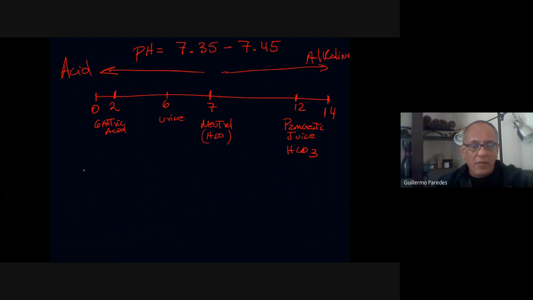Because in the Krebs cycle, you're releasing carbon dioxide. This carbon dioxide is released into the blood, and the Krebs cycle releases water as well. So this is going to have a chemical reaction that ends in carbonic acid.